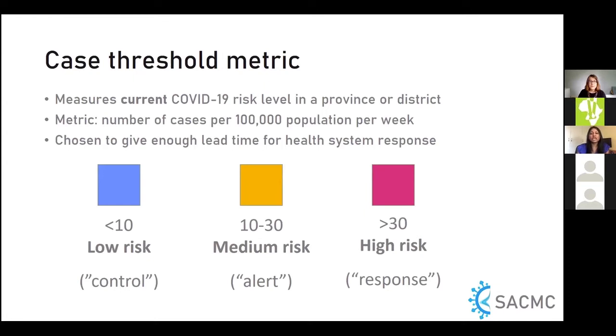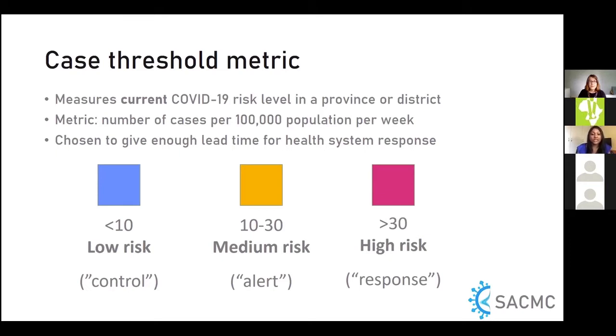We've also simultaneously defined this low, medium, and high risk according to another set of terms: control, alert, and response, in order to assist planners in the management of COVID-19 risk in the coming weeks, where a low risk corresponds to a mode of control, a medium risk to being on alert, and a high risk to active or a definitive response.